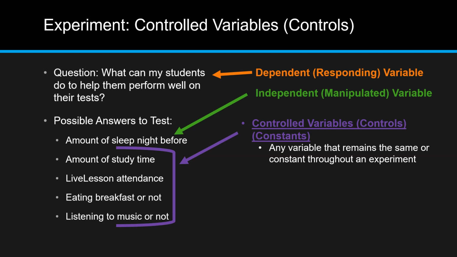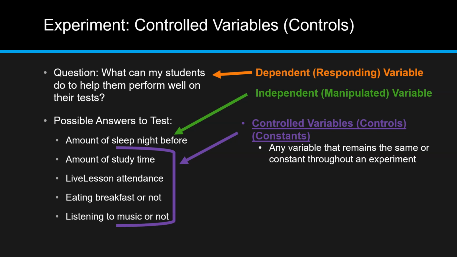So in this experiment, if we are testing the influence of the amount of sleep before a test, we should try our hardest to make sure that all students have spent about the same amount of time studying, that they've attended the same live lessons, that they've all eaten breakfast or not eaten breakfast, and that they're all listening to music while testing, or all not.